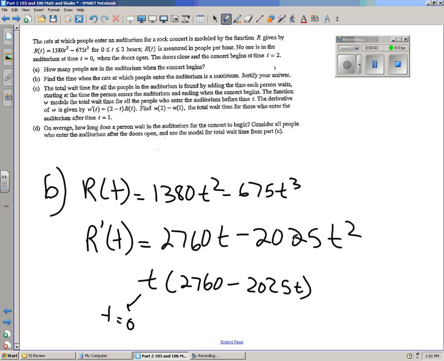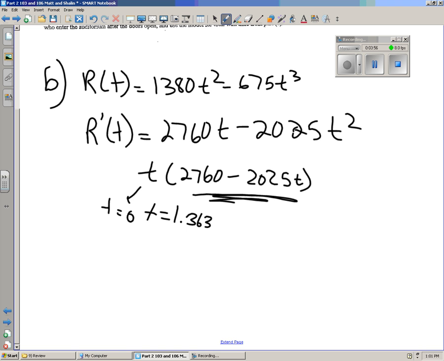And once you evaluate this, you're going to get t equals 1.363. Those are your two possible points at which you have a maximum.